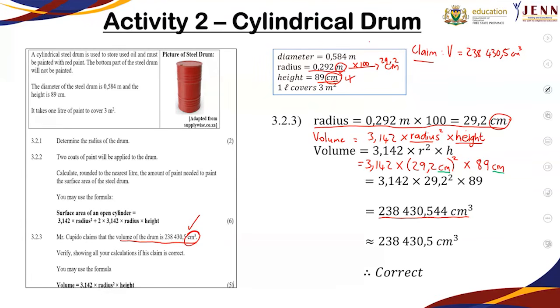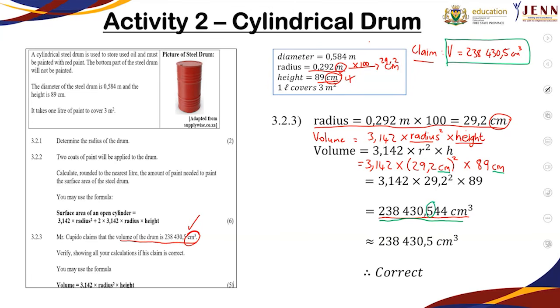First of all, you must give me the decimal numbers that you see there. Okay. Now I'm going back to my claim. What is the claim? Because now we calculated the actual volume. Mr. Cupido said the volume is 238,430,5.